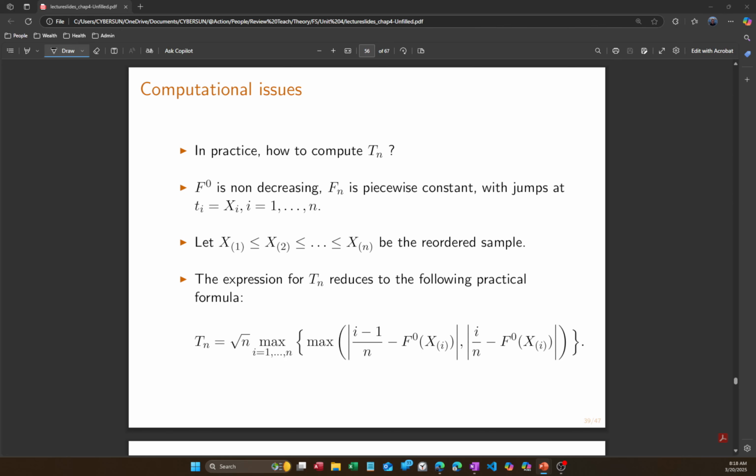Next step, to compute Tn, we need to evaluate this. Can you tell me, before I write it, what we need to evaluate?